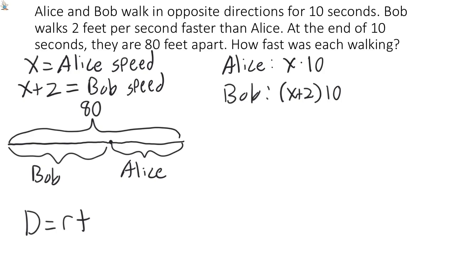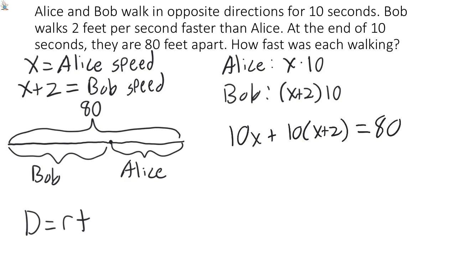In other words, if we take Alice's distance plus Bob's distance, that should equal 80. Algebraically, we have Alice's distance is 10x plus Bob's distance, which is 10 times x plus 2, and that should be equal to the total distance between them, which is 80.